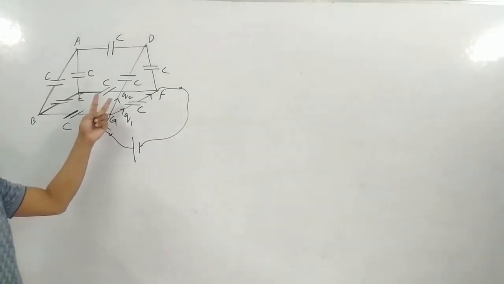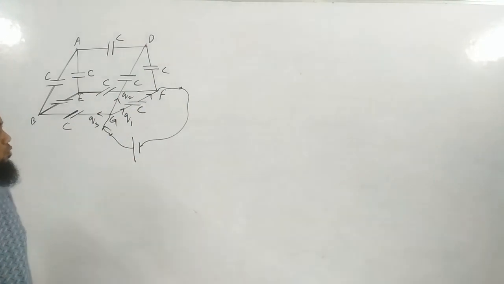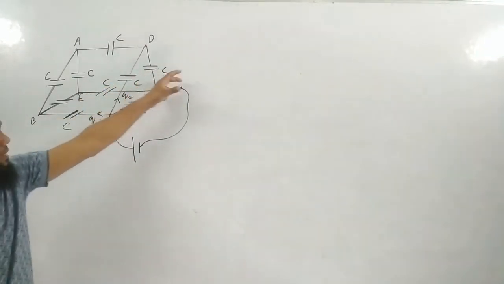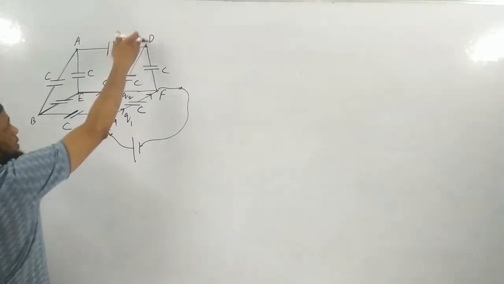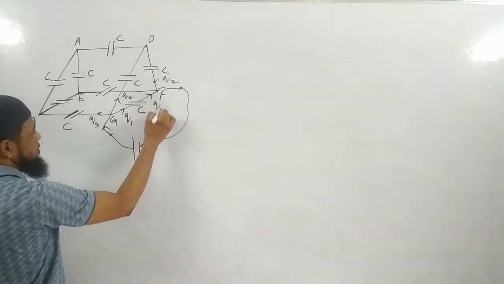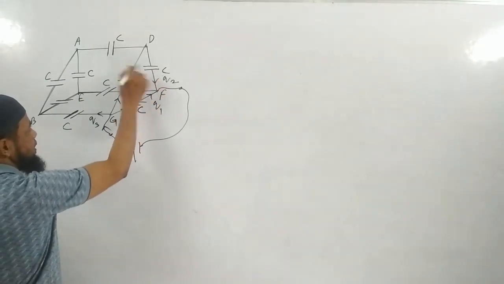At the time of entering, what is the symmetry? At the time of going out, the symmetry is going to be the same, because the entrance and the exit are exactly the same. So how much charge will go out? Q2, Q1 is here, and from this side finally Q3 will come.